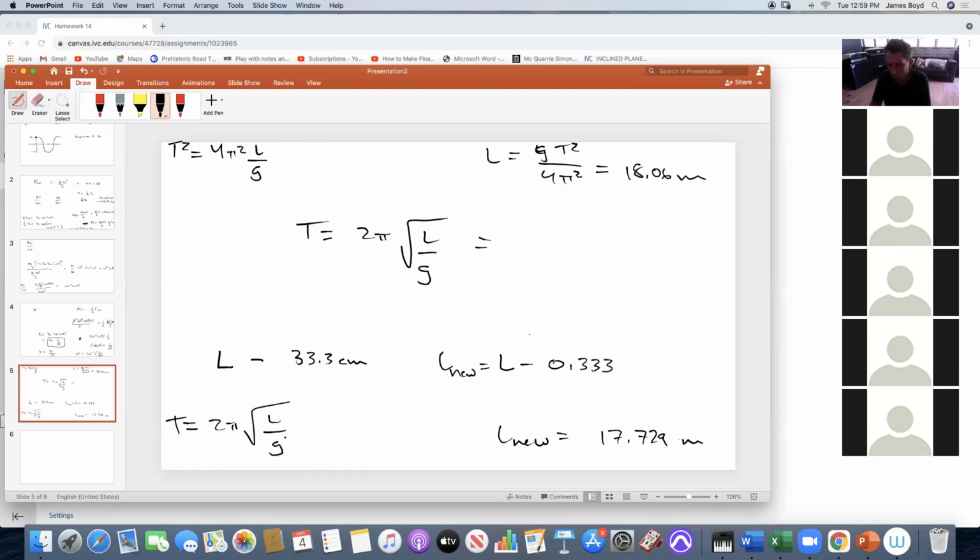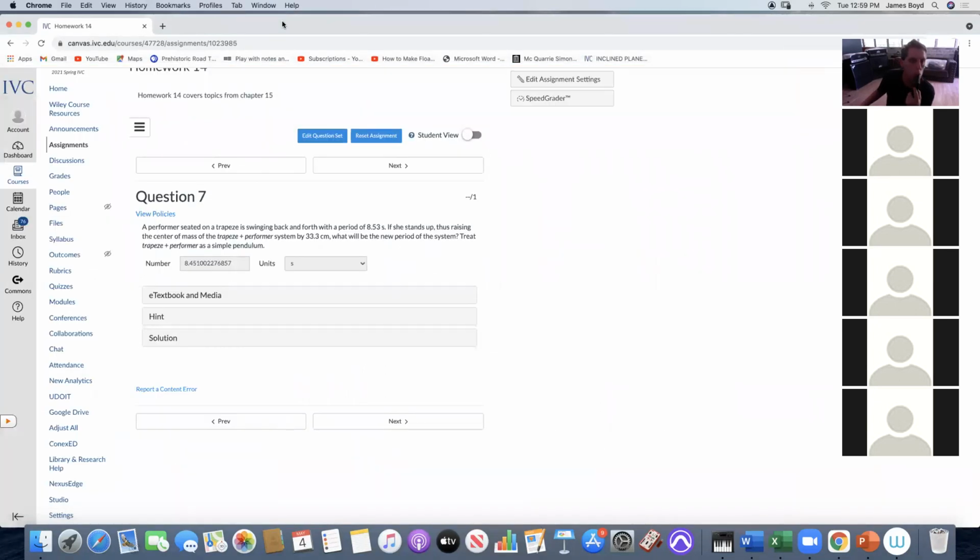So divide that by 9.8, take the square root of that answer, times 2 times pi, and I get 8.45, which isn't much of a change, but it's correct. Okay. So this time you're treating it as a simple pendulum. Find the length using 8.53 seconds as the period.